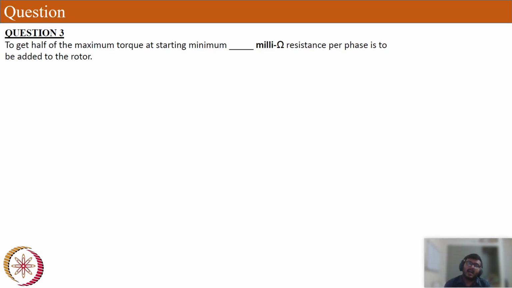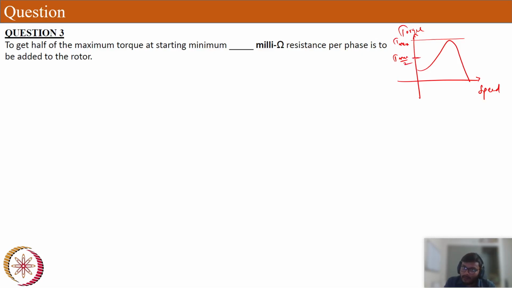I just need half of the maximum torque at the starting. So let's say this is my initial curve. Let's say this is my T max, and this is T max by 2.